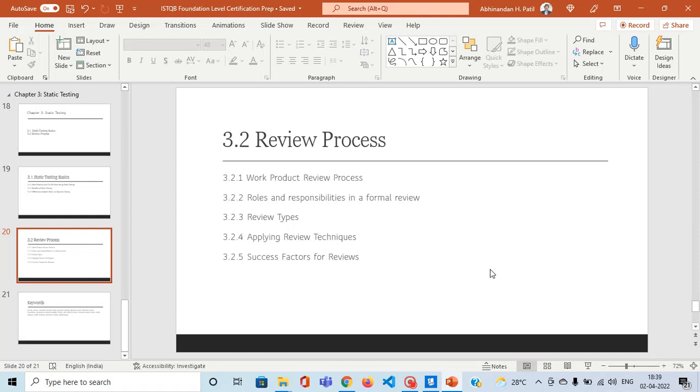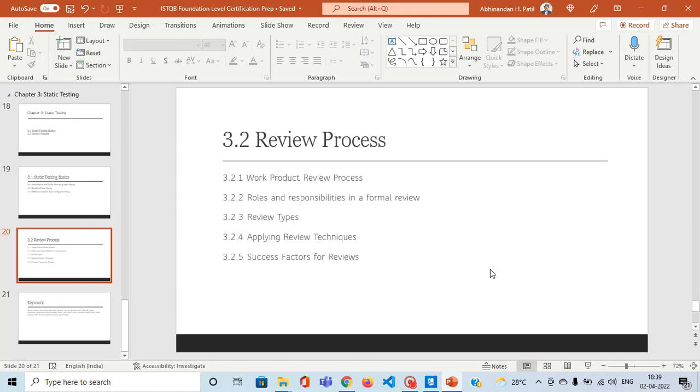Later we'll see there are different kinds of review that can be followed. So identifying the review process, and we also define roles, activities, and checklists. Then we select the appropriate people for review in planning, and entry and exit criteria for formal review types. If we are following any inspection kind of formal review process, we also define entry and exit criteria.